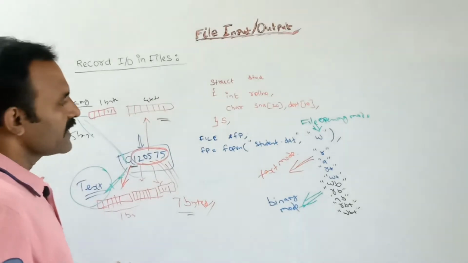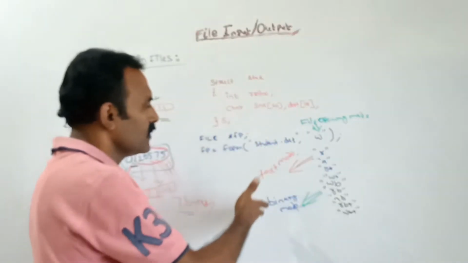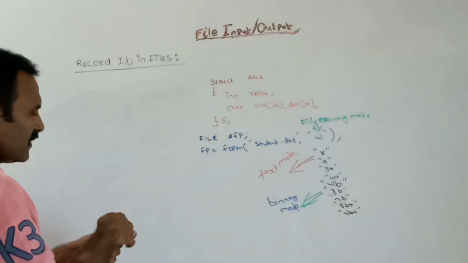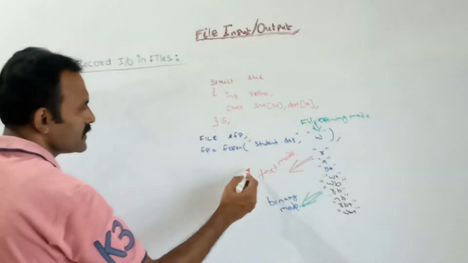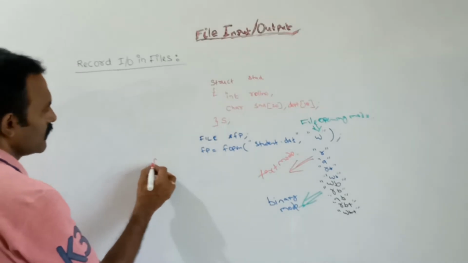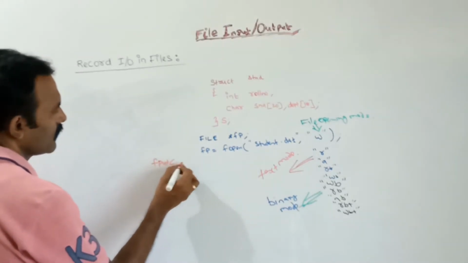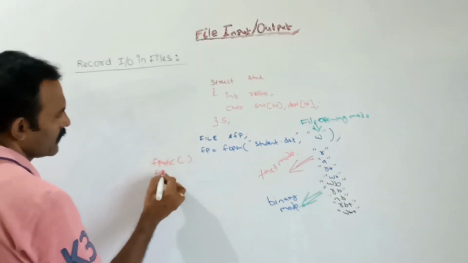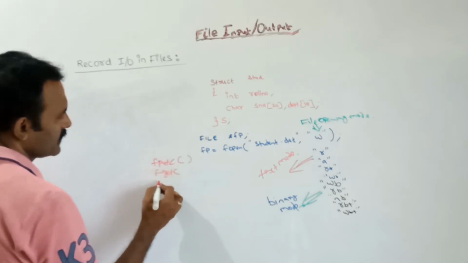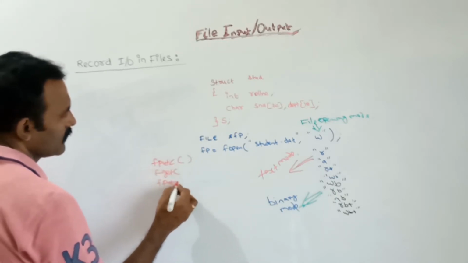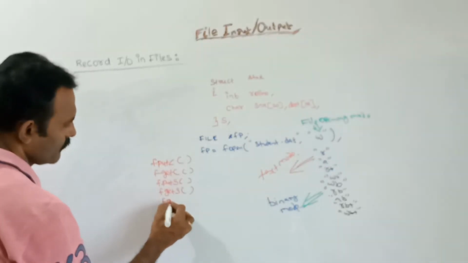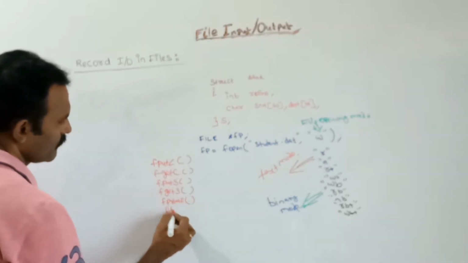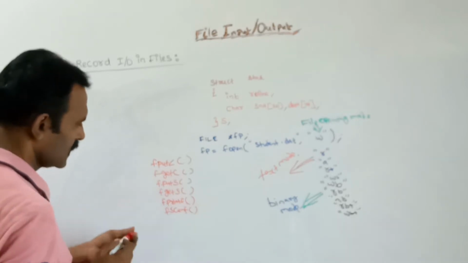So far we have seen about text mode. What are the functions we have seen so far? In text mode we have seen fputc and fgetc.